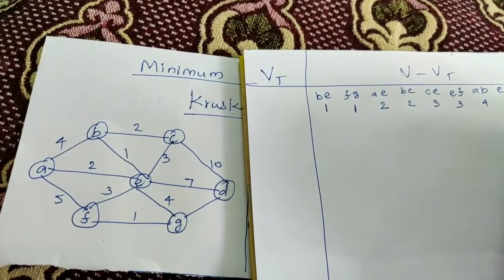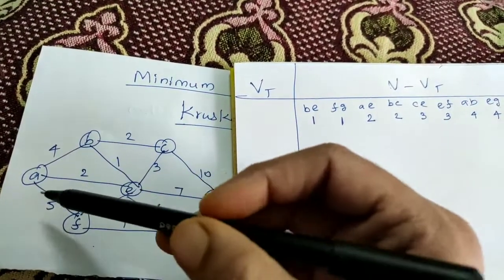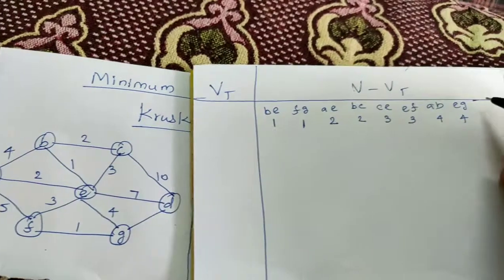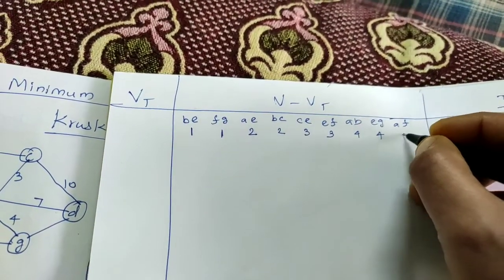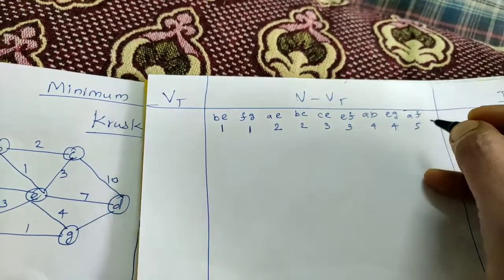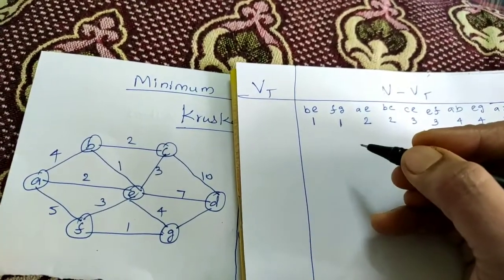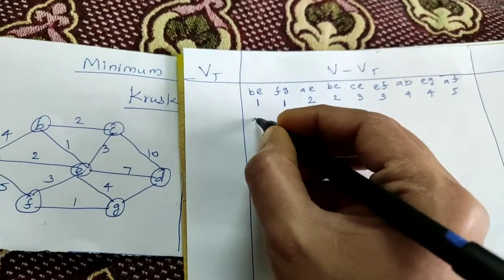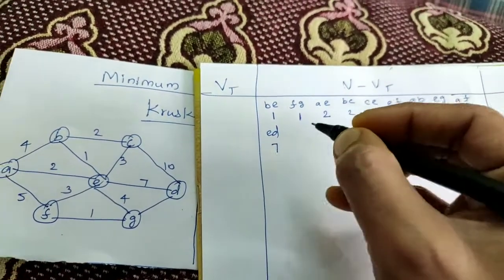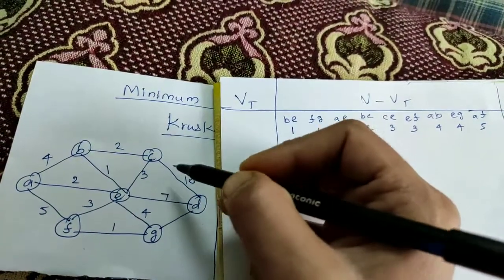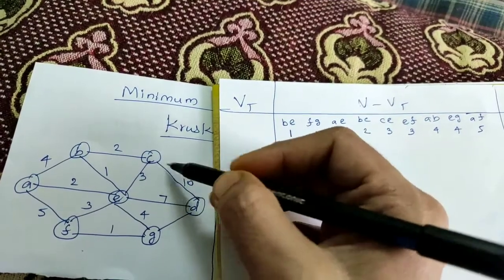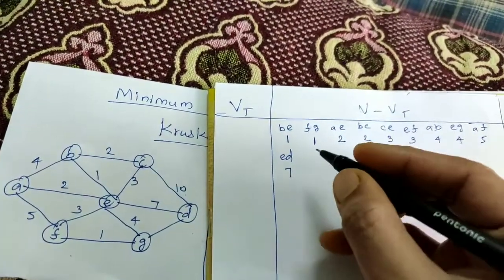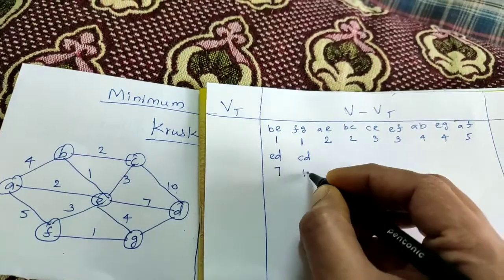So next minimum weight edge is AF. So I am just going to include AF with the weight 5. Then next minimum I have ED with the weight 7. So I am just going to write ED with weight 7. The last minimum edge weight is 10, that is CD. Let us include CD with a weight 10.